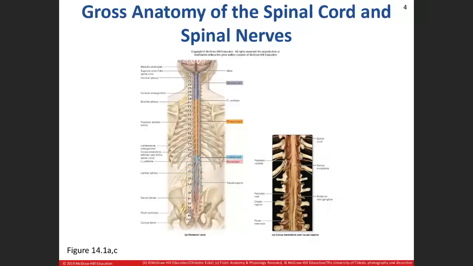All right, so if we take a peek here, zoom in a little bit. Here you can see the medulla oblongata up here, and the cervical region of your spinal cord matches up with the cervical vertebrae. Then as we move inferiorly, the thoracic region of your spinal cord is pretty much similar too.